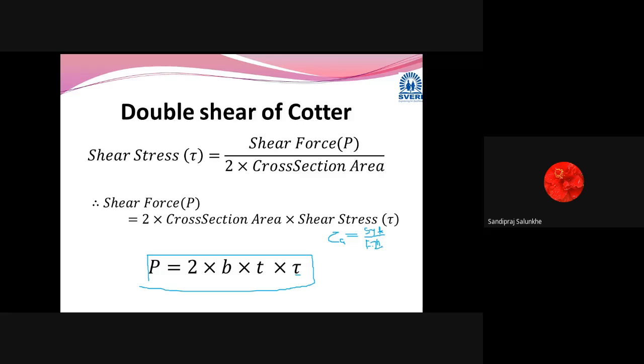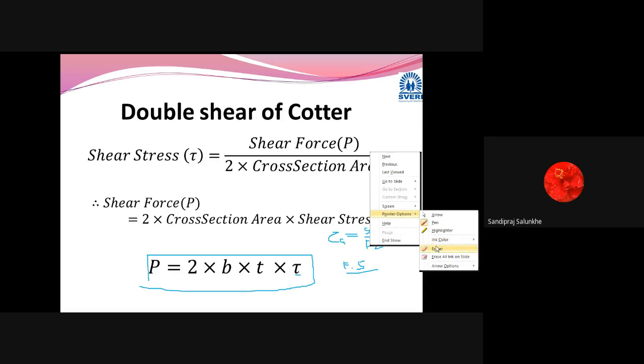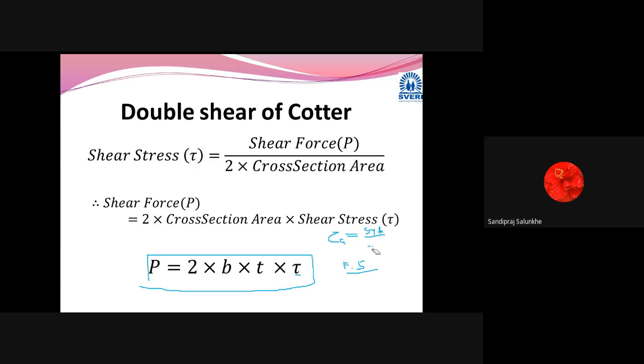Here we are going to write 2 as the factor of safety, which we are going to use. So allowable shear stress is calculated from SYT divided by 2. Then design shear stress tau is calculated as tau allowable divided by factor of safety.